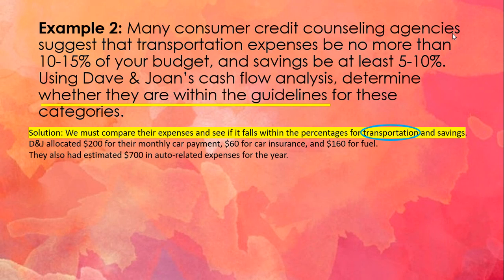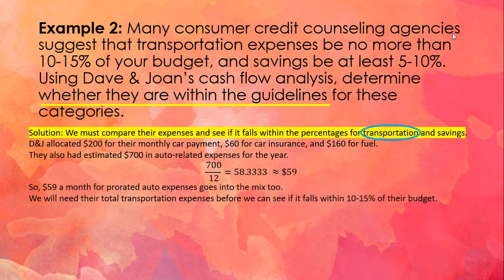So if I was to just prorate the $700 a year to figure out how much a month that is, I'd say it's about $59. 700 divided by 12 is 58.33333. That's about 59 bucks. So let's add that into their monthly transportation fee, right?